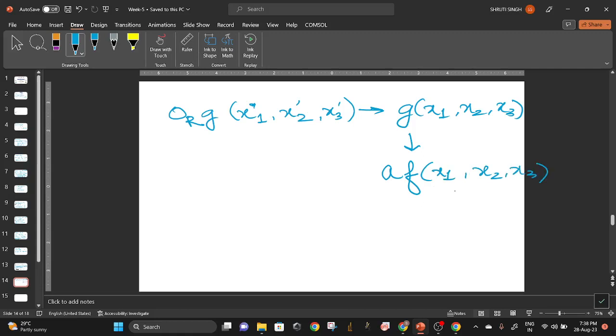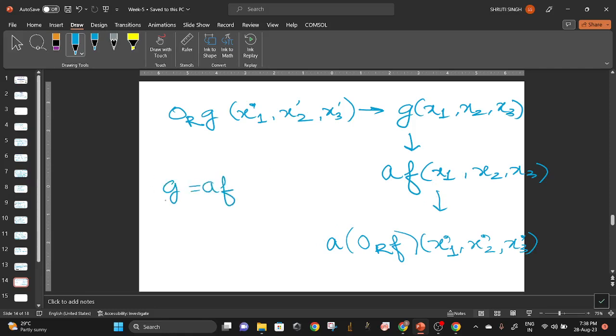From here we can write the inverse relation: the operation O_R operating on function f giving x1', x2', x3'. f and g are functions, a is a number such that g equals a f.